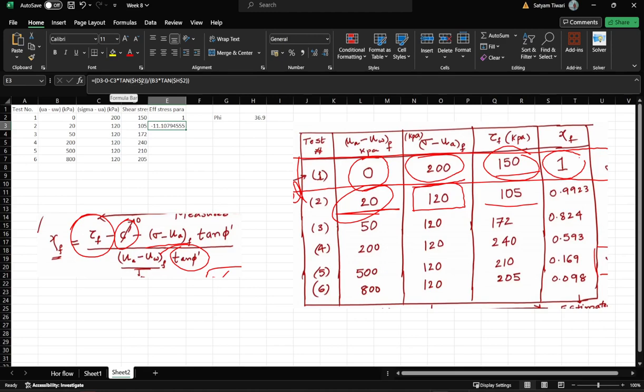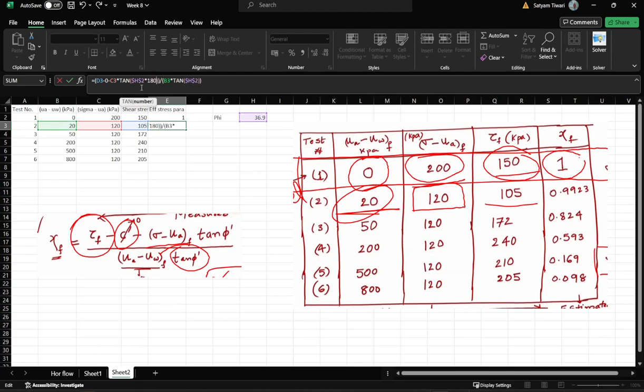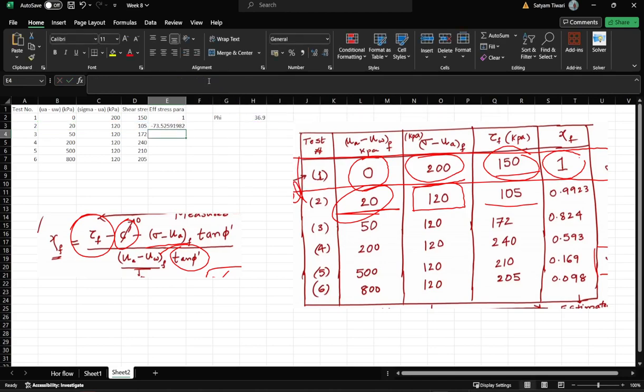Let me check. Okay, so it is taking these values in radians. We need to convert them into degrees. So to convert into degrees, we multiply by 180 upon pi. Similarly, here also we multiply by 180 upon pi. Right?